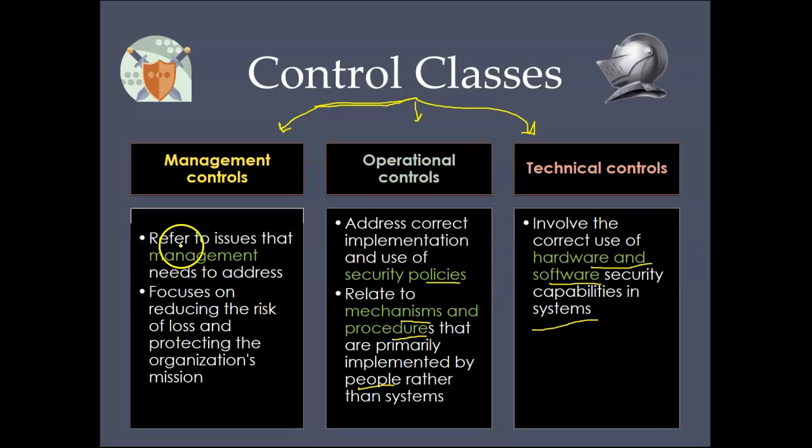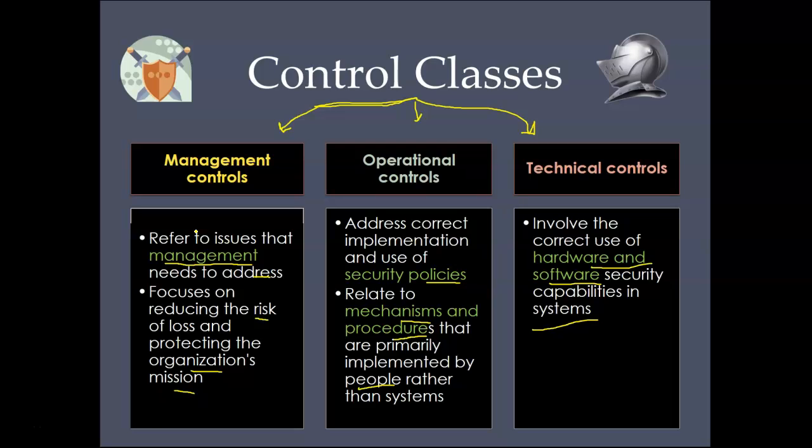Management controls refer to issues that management needs to address. So the management of the organization is the one who addresses the management controls. It focuses on reducing the risk of loss and protecting the organization's mission. So it's important. It's focusing on how to make sure that I don't lose my organization, how to protect my organization's mission, and so on.